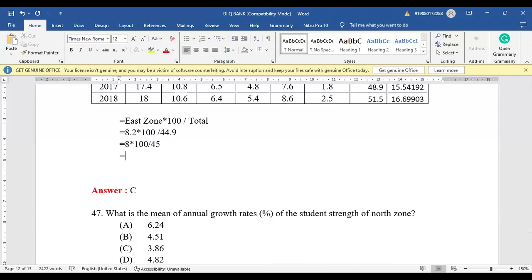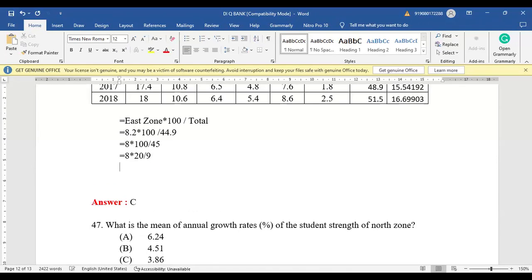You can use the 5 table, you can easily divide things. 8 into, if you use the 5 table, this becomes 20, and this becomes 9. So 160 divided by 9. 9 twenties are 180, correct? So I can say approximately it is 18%, correct?